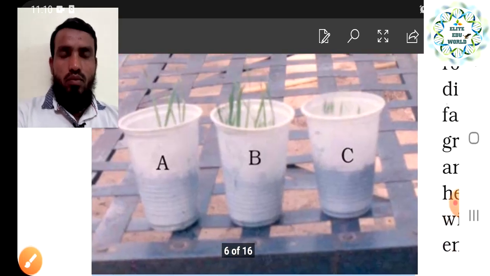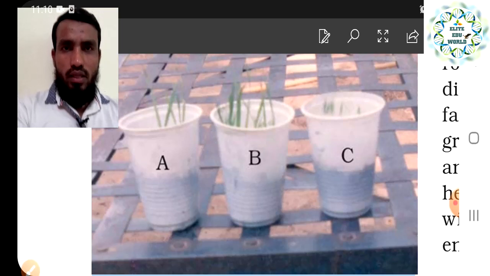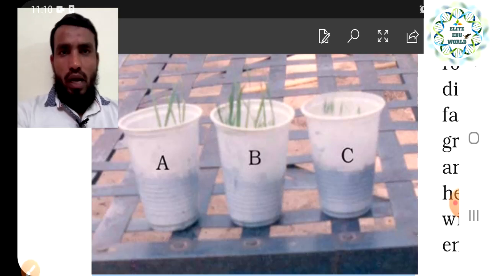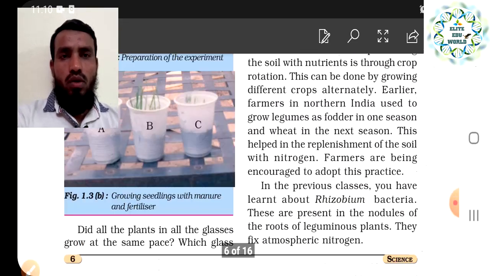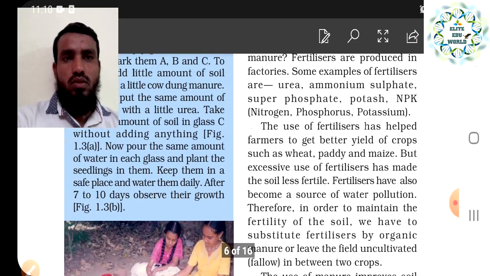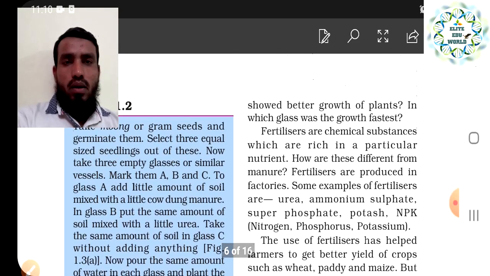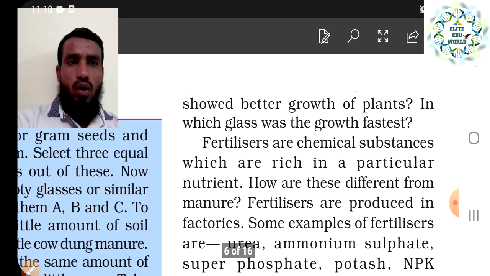That is why farmers add fertilizers and do not use manures, because fertilizers give more boosting power to our crops, and our crops will grow at high speed. So that is the motto of our activity, to help students understand the importance of fertilizers.